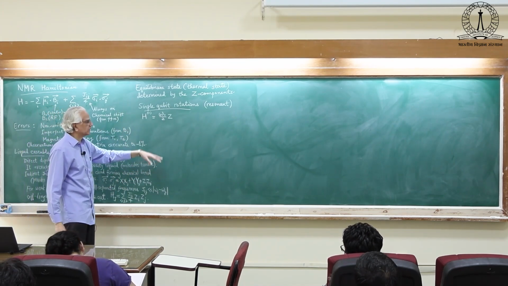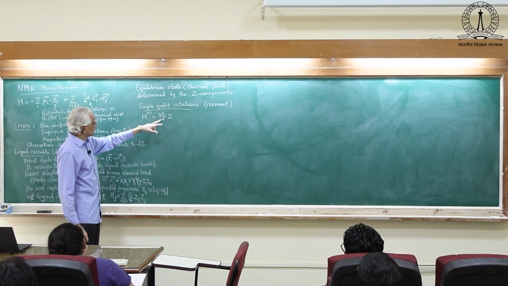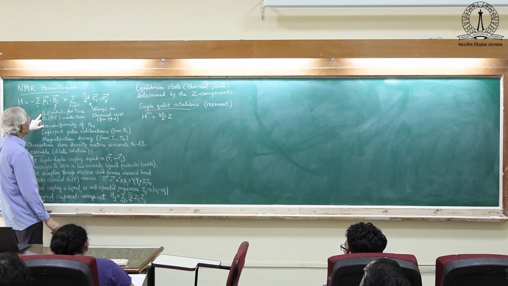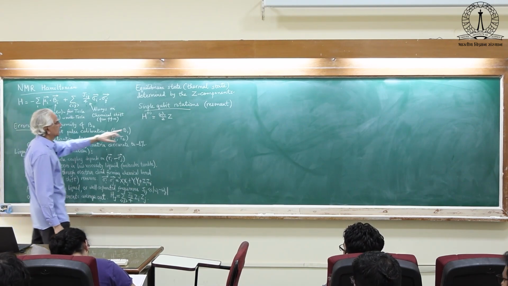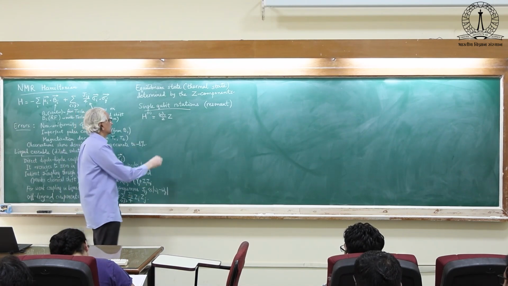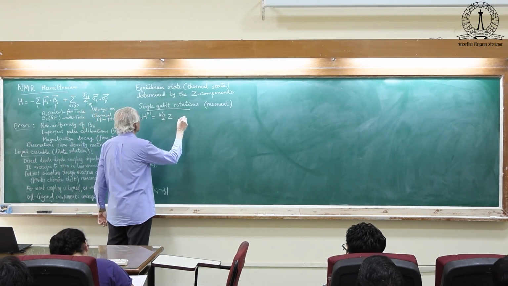It's one particular nucleus, and it has a frequency omega 0 by 2, which is coming from this B0 component. Half is again the spin normalization. It's a convention because spin is half, the Pauli matrices.